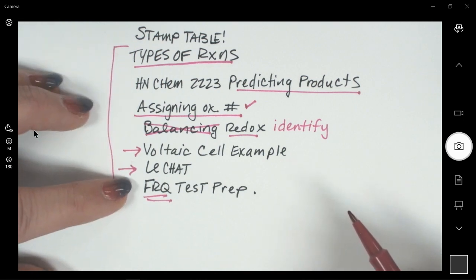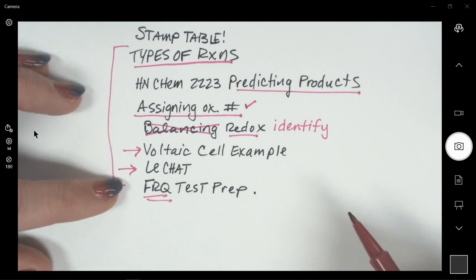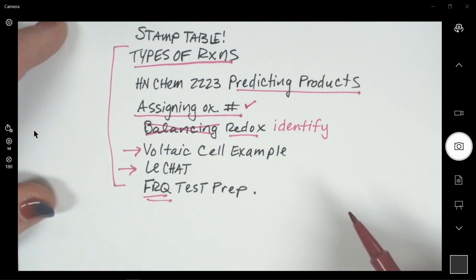Keep these worksheets because that's where I got the test from. Practice, practice, practice.